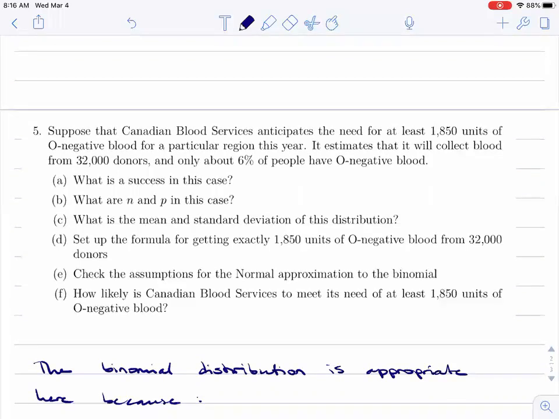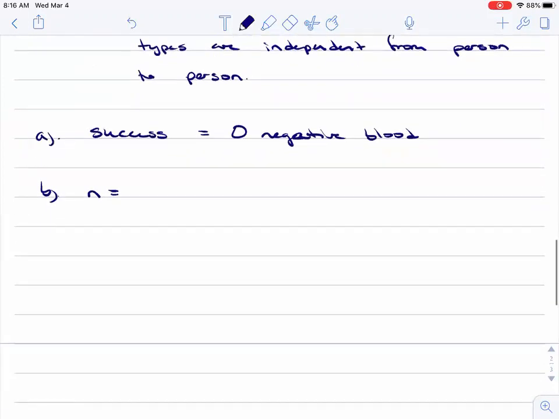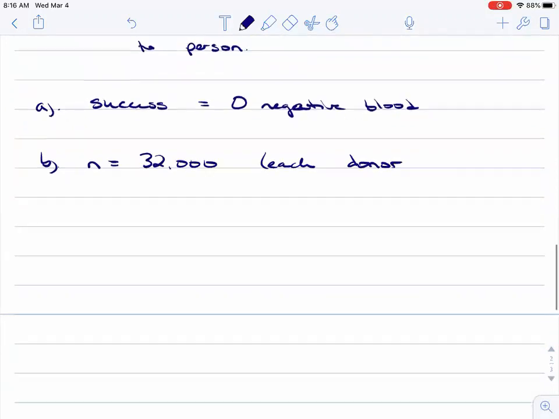But as far as our N goes, that's going to be our 32,000. And then the probability of a success each time is going to be 6% or 0.06, right? We convert it to decimals always. So N is going to be 32,000, and I'll justify it here. Each donor is a trial, right?